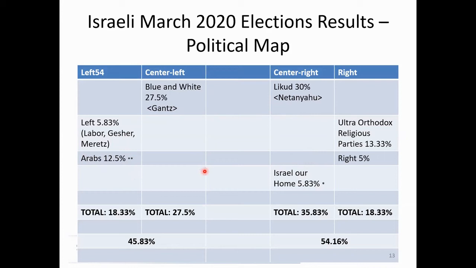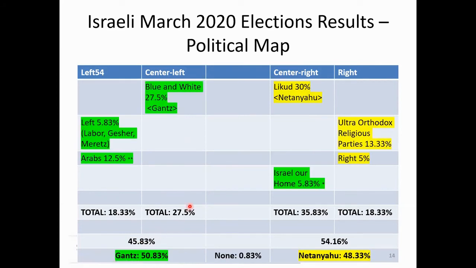So it was very interesting to see what would happen, because this is how they're dividing themselves, but what will each one of them tell the president? Who do they want to be the prime minister? Netanyahu, the leader of the largest party on the right, or Gantz, the leader of the largest party on the center left and left?